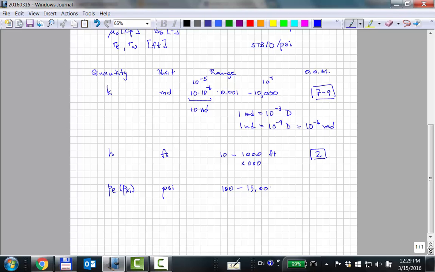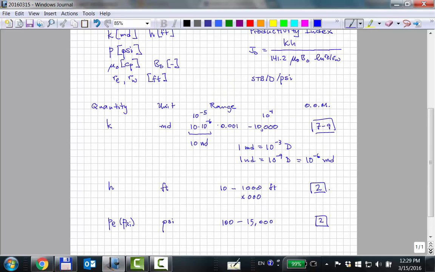So I'm going to put 15,000 as kind of an upper limit. And probably 150 PSI is kind of a lower limit. But it can be less, and you can still have lots of oil there. So let's just say from 100 to 10,000, so that's 2 orders of magnitude. And in principle, you can bring the bottom flowing pressure down to close to the 100 PSI level, or close to 15 PSI. In theory, you could put a compressor on the top and bring it even lower than 15 PSI.